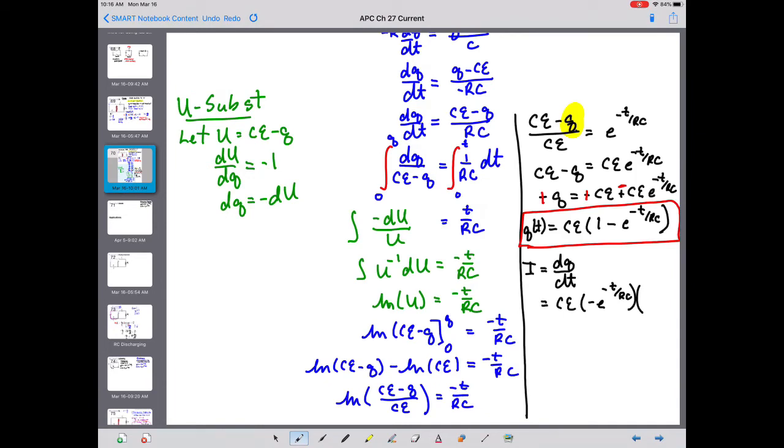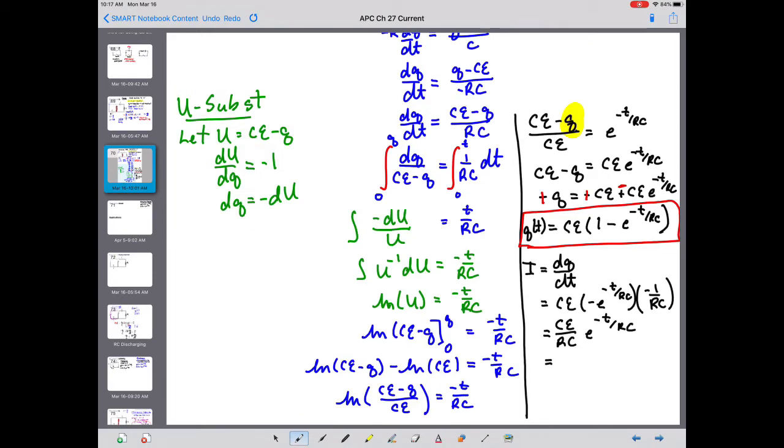Applying the chain rule, though, we have to take the derivative of what's in the exponent of base E, and the derivative of negative t over RC with respect to time is going to be a negative 1 over RC. Now, algebra to simplify, our two negatives are going to drop out. So then putting all the constants out front, I have C EMF over RC E to the negative t over RC.